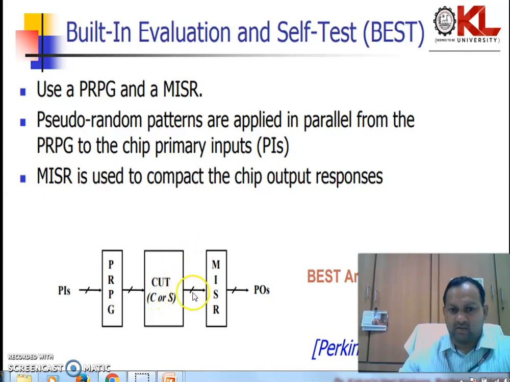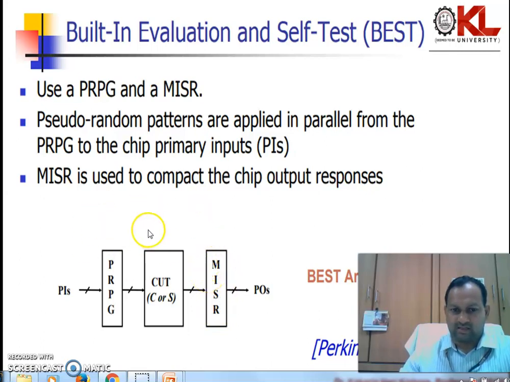The CUT is connected with the MISR to the primary outputs. The pseudo-random patterns are applied in parallel from the PRPG to the chip primary inputs, and the MISR is used to compact the chip output response. Whether the chip is working or not, you can observe in the MISR.